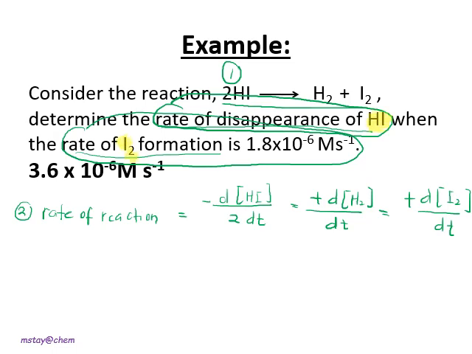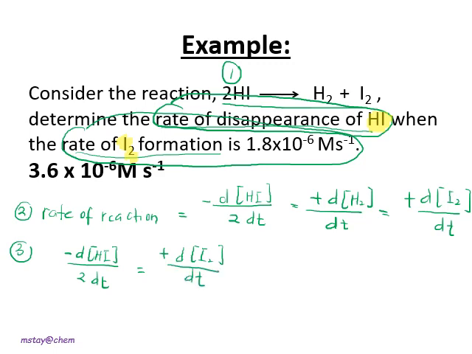So for the third step, I will just take the 2, which refers to HI: negative d concentration of HI over 2 dt will equal to positive d[I2] over dt.